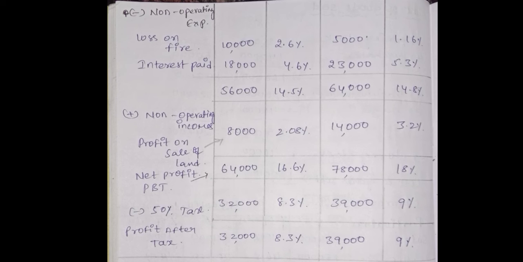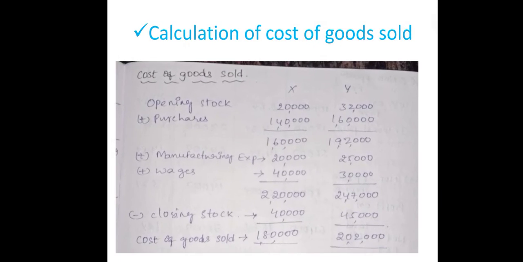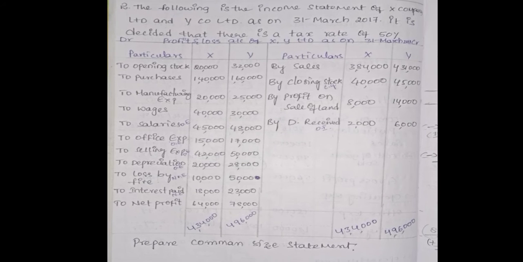Next, before seeing the problem, the top of the problem mentioned here says the following is the income statement of X company limited, Y limited, 31st March.